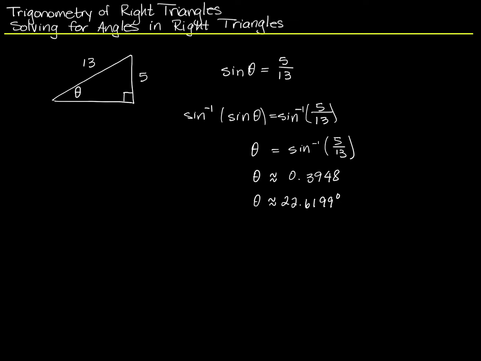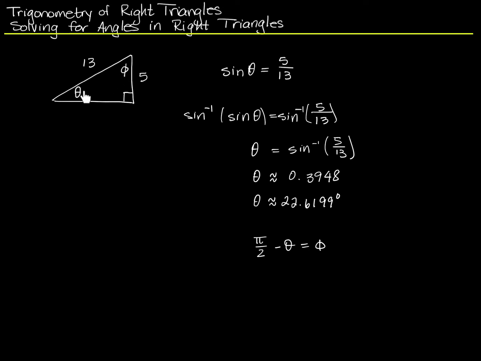Now I have a couple of options. If I wanted to find this other angle, let's call it phi, then I can take pi over 2 and subtract theta from it. That'll give me phi. Because the three angles in a triangle always add up to 180 degrees, or pi radians. Well, this one's already pi over 2, or 90 degrees, so these two have to add up to 90 degrees.